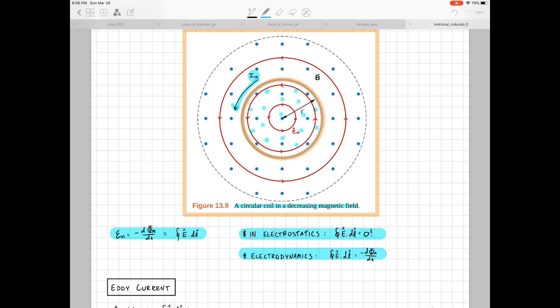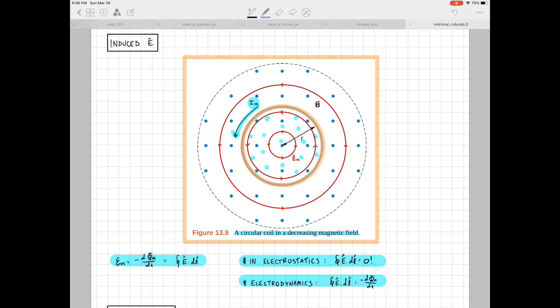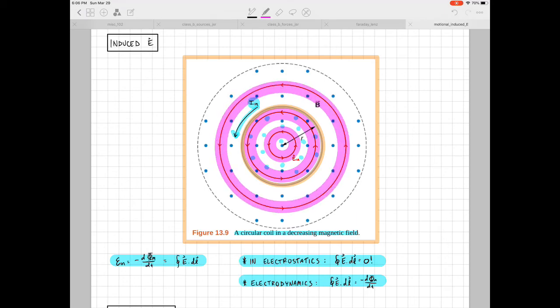What I've drawn in this picture are all of these red circles. These are just random locations that I selected in the region where the B field is changing. These are electric field lines that are being produced by the changing B field in this region.